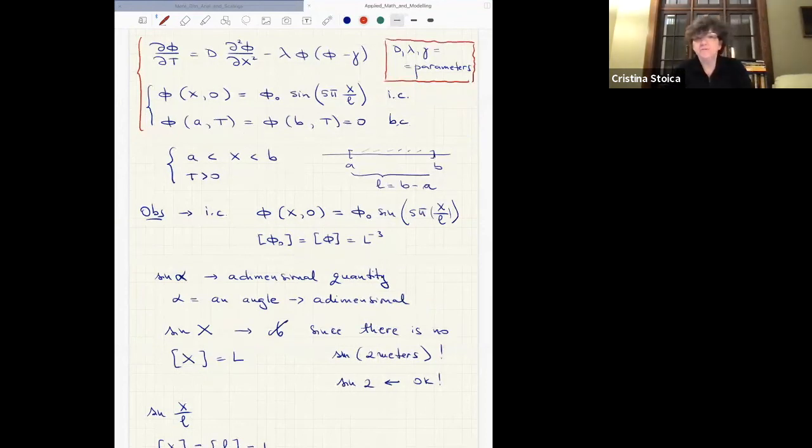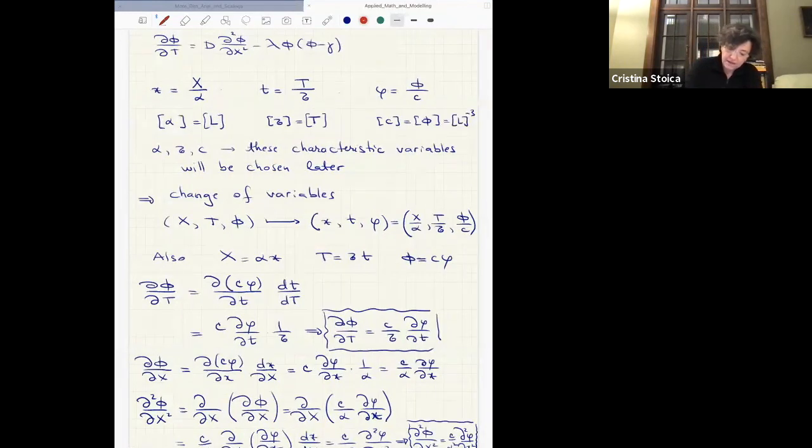It was a dimensional equation with dimensions in it. Then, by the process of adimensionalization, getting rid of dimensions and looking for the right characteristic time and spatial scales, we did these changes of variables that adimensionalize the equation and its initial and boundary conditions.